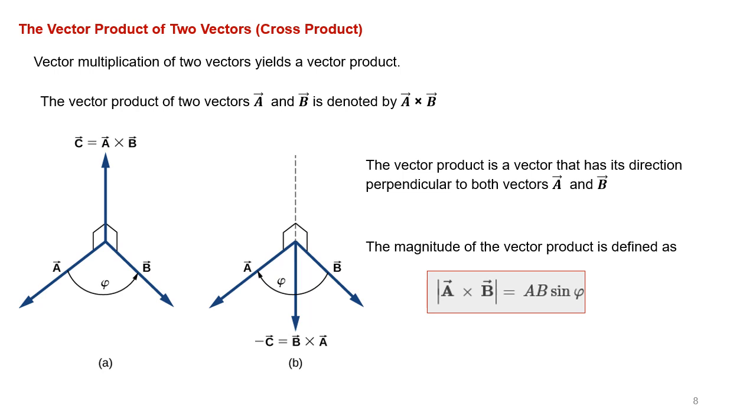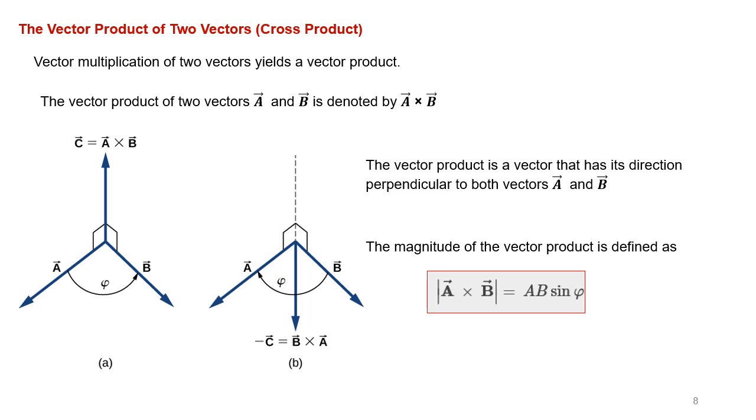Here A is the magnitude of A, B is the magnitude of B, and phi is the smallest angle between A and B. How to find A cross B, we will discuss later. A we know, root of AX square plus AY square plus AZ square, and similarly B also. So we can substitute that. Phi is the angle between them.